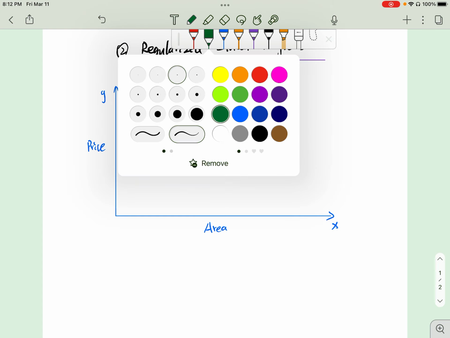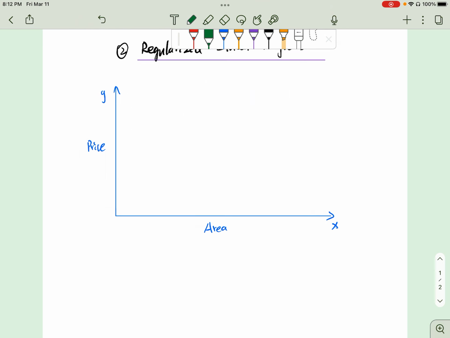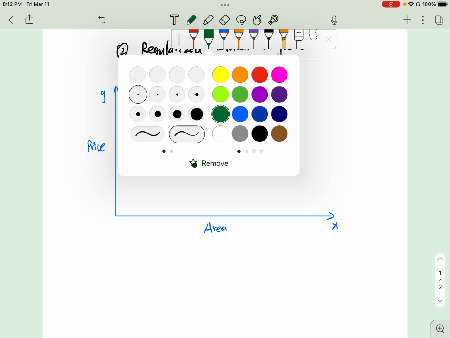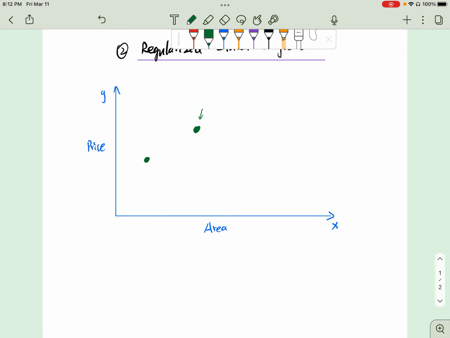Let's assume we have very limited training data, only 2 houses, so we only have 2 samples.